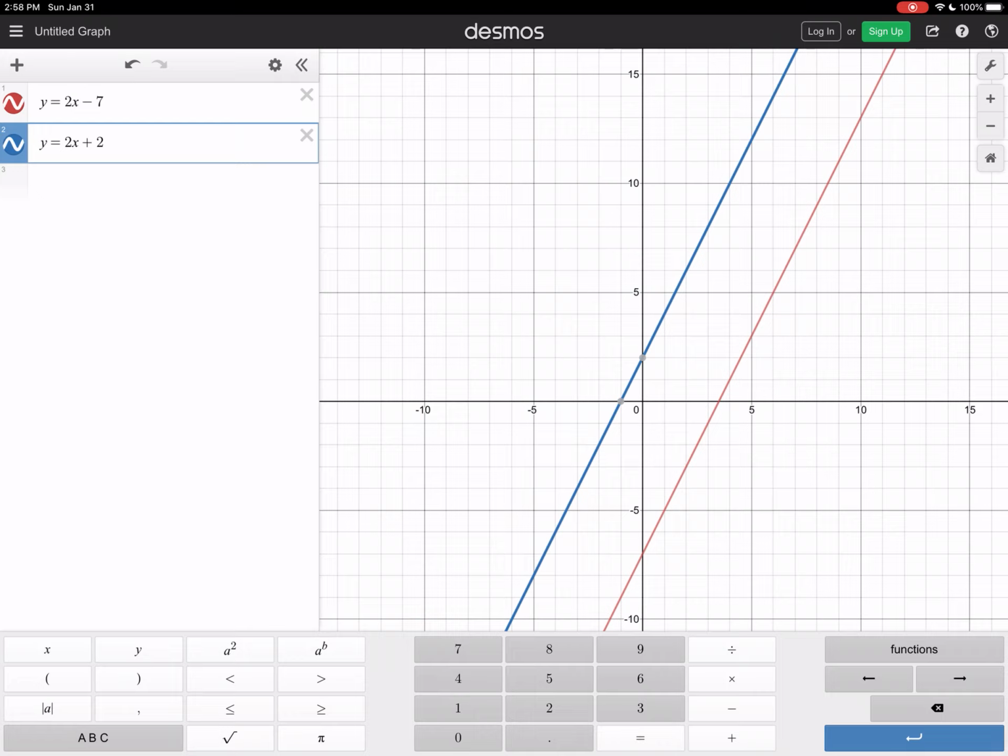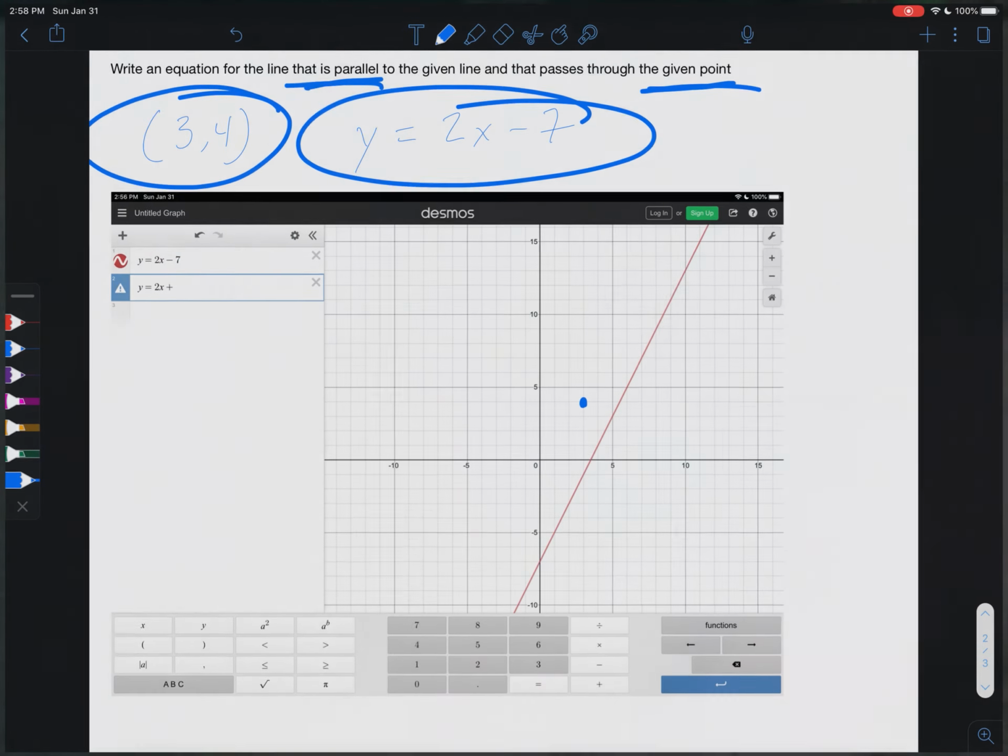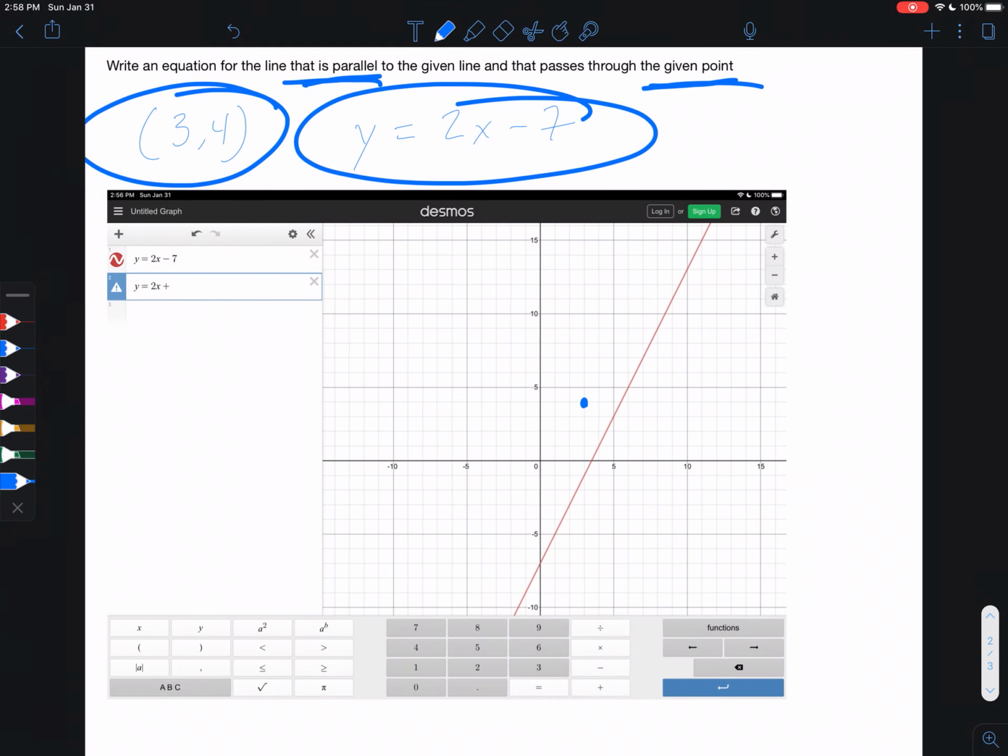So it still has to have that same y equals 2x plus something to give me a parallel line. And then that something is what locks it into that 3, 4 point. So it's just this part right here, we know it's the -7 that puts it through here. So it looks like it's something like that.